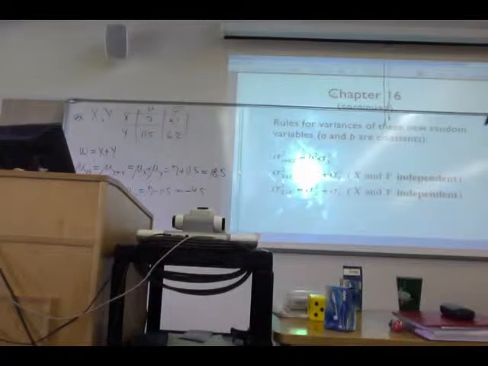And what does that make then the standard deviation? I take the square root of all that. So the standard deviation of 5 plus 3 halves times x is in fact the square root of all that.